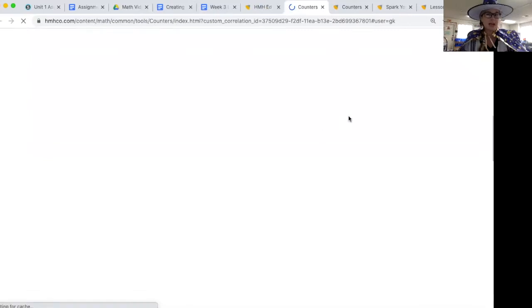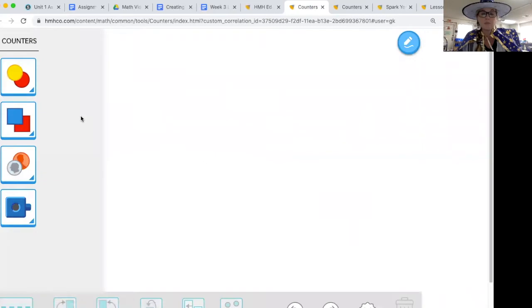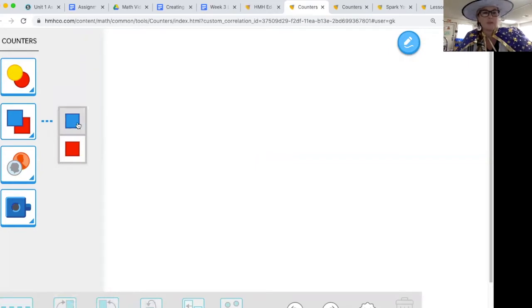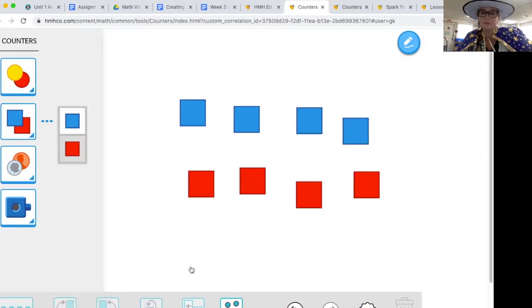And just like I used my little blue and green circles on my board, I'm going to do the same thing in counters. Eventually, there we go. Oh, okay, I'll do squares because squares are fun, right? Okay, we're going to compare these groups within 5. How are we going to compare? We're going to draw lines.